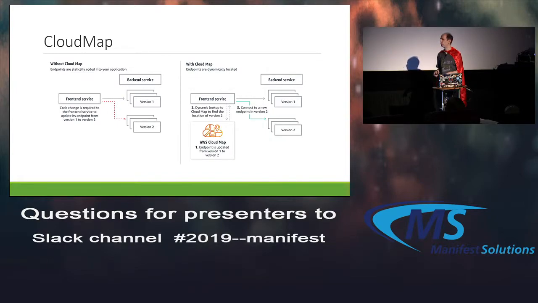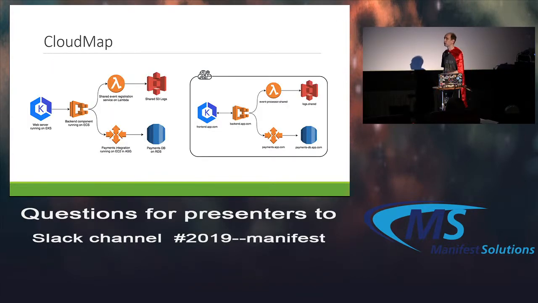And think of CloudMap as really being an alias. And you can change that alias without the service knowing about it. So it's just calling service 2. It doesn't care about which version. And you just change the mapping in CloudMap, and now it's pointing to version 2, and suddenly the front end's talking to the new version of the back end, dynamically, without either being deployed or updated directly.